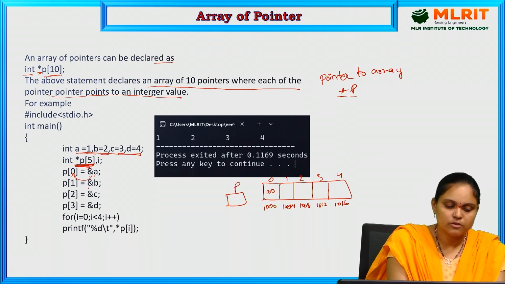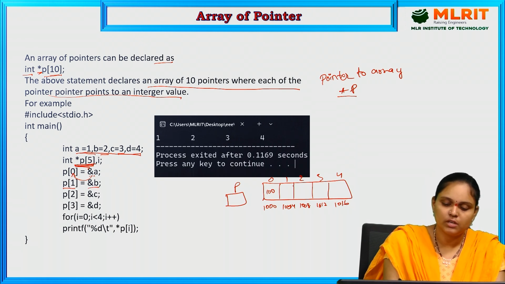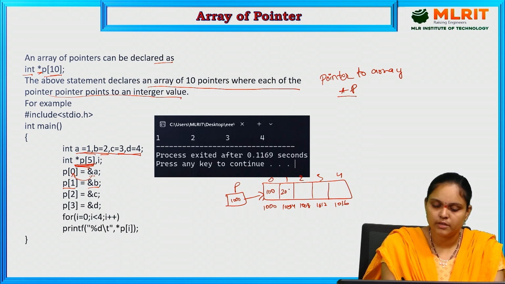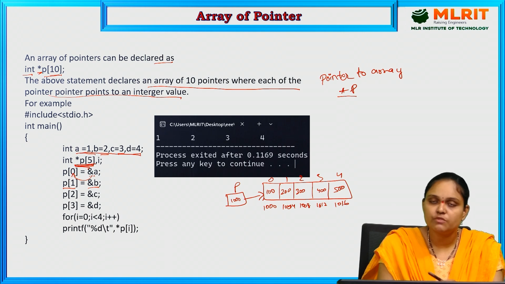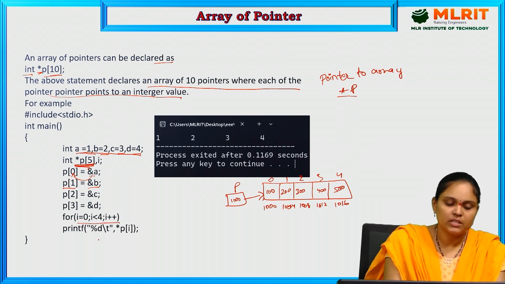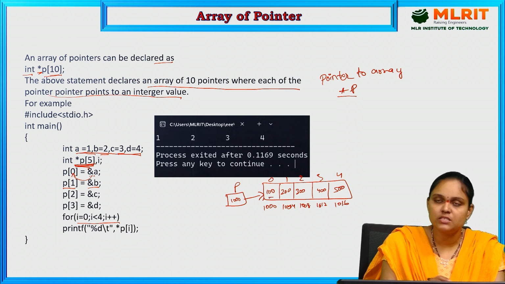And next, address of B we are storing in P of 1. In P of 1 we are storing address of B. Consider that is some 200, and next is 300, next is 400, next is 500, consider those address locations. And next we are printing the values that are present inside this array, inside these addresses.